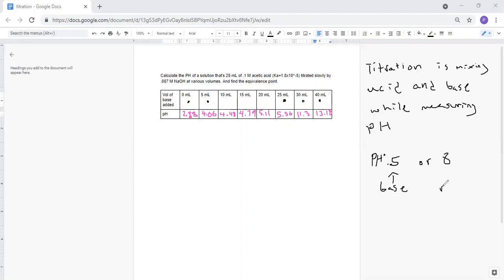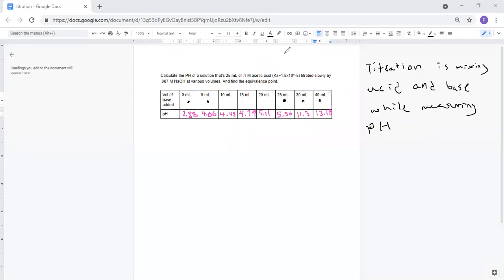And then if we want a pH of 8, just add a little bit more base until we get our pH of 8. And then we can use the solution with the certain pH to do, I don't know, an experiment, make something, whatever chemical applications they're needed for.